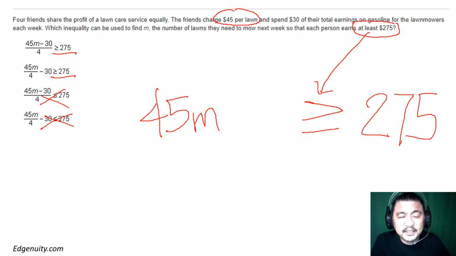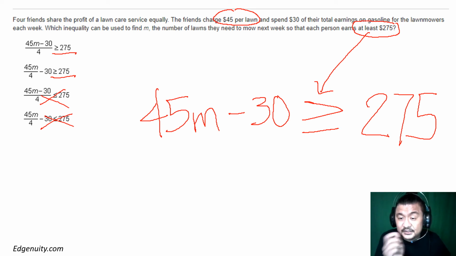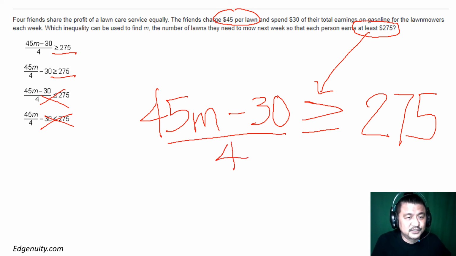They have to pay, so take away $30 for gasoline. All right. So what else? So this is the profit for the certain number of lawns. But guess what? They need to split it into four because each one will get a share. So divided by 4. So obviously, this is the correct answer.